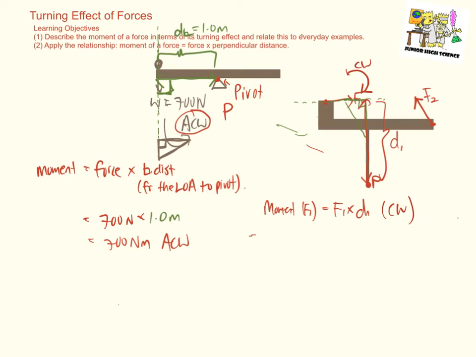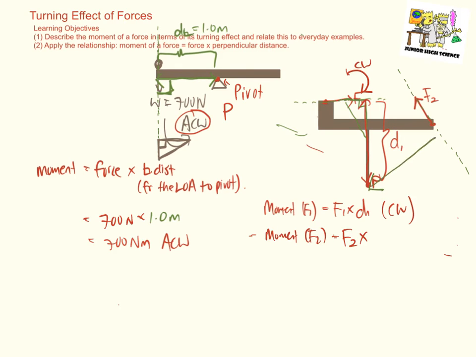Now, the moment caused by F2, same thing goes, equals the force F2 multiplied by a perpendicular distance. Let's find this perpendicular distance. Number one, I will extend this line of action of the force. And number two, I will find the perpendicular distance of this line of action from the pivot.